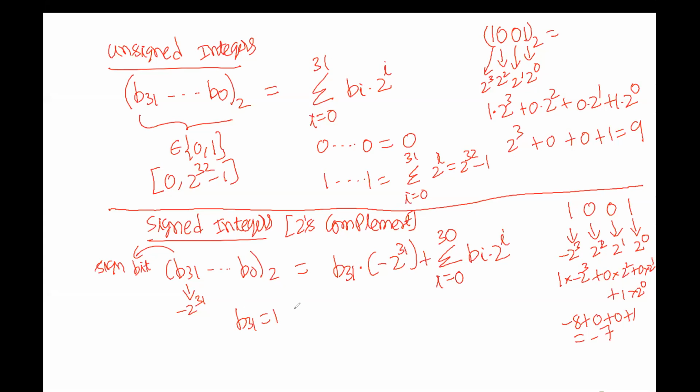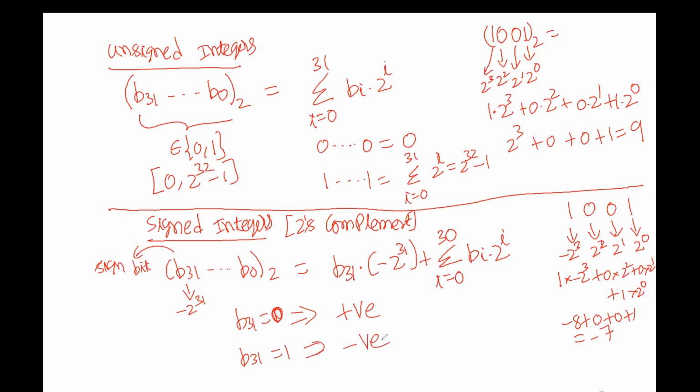If it is equal to 0, then this whole entity becomes equal to 0 and the number is a positive number. But if the bit B31 is equal to 1, then the number becomes a negative number.